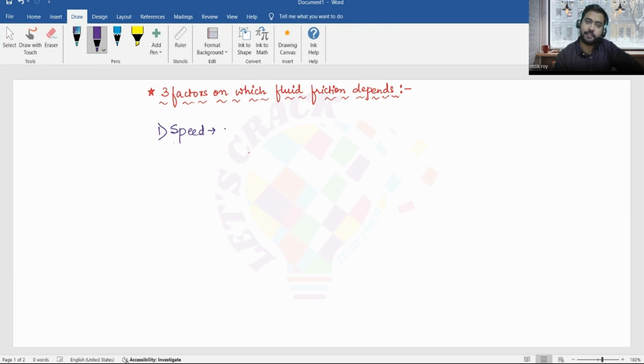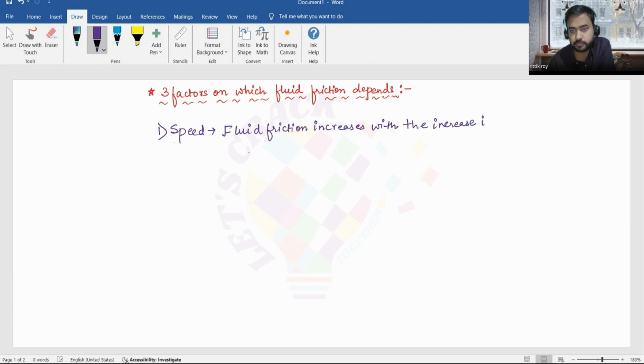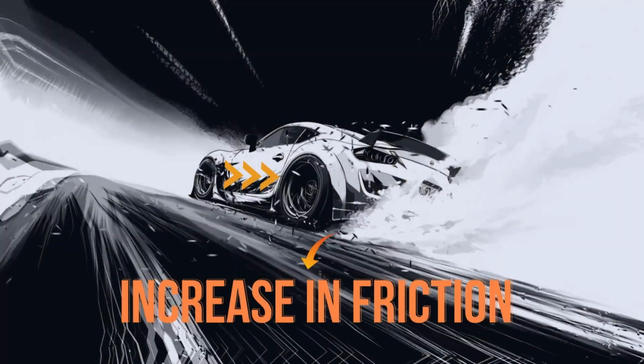So what happened? Fluid friction increases with the increase in the speed of an object with respect to the fluid.